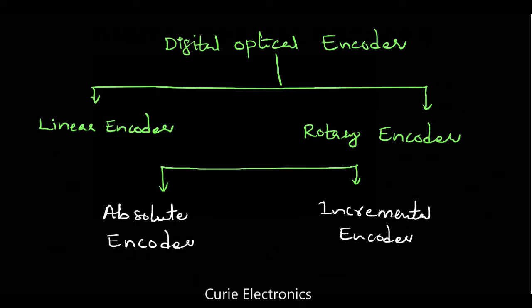Now, what is an absolute encoder? In absolute encoder, what happens? In absolute encoder, it will give a unique digital word corresponding to each position.